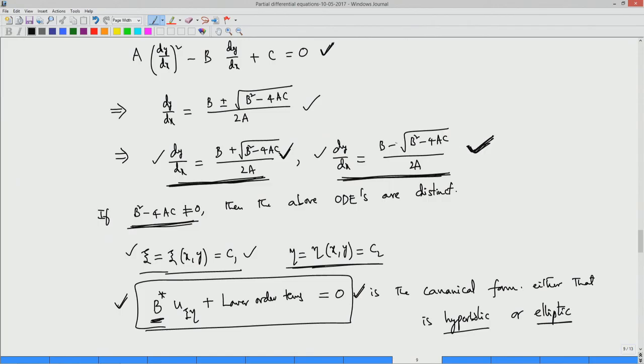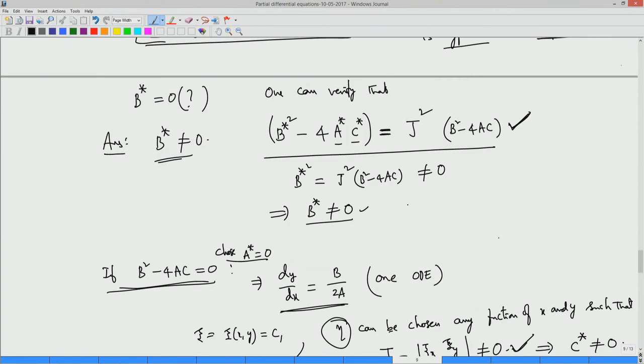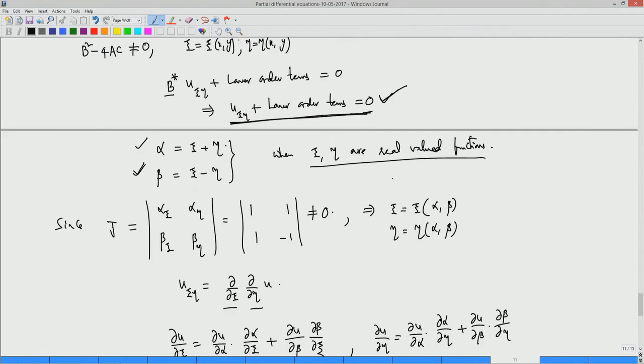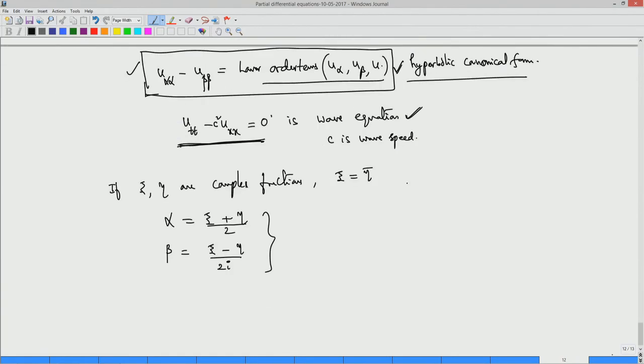Whatever you integrate from this equation and take the bar, you get this one; or you simply take the bar here, this is nothing but this ODE, or you take the bar here, that will become this ODE. So what you see is that after integration, xi is nothing but eta bar, or eta is nothing but xi bar. So when they are complex valued functions, they are just conjugate to each other. So they are complex conjugates, they are the two transformations.